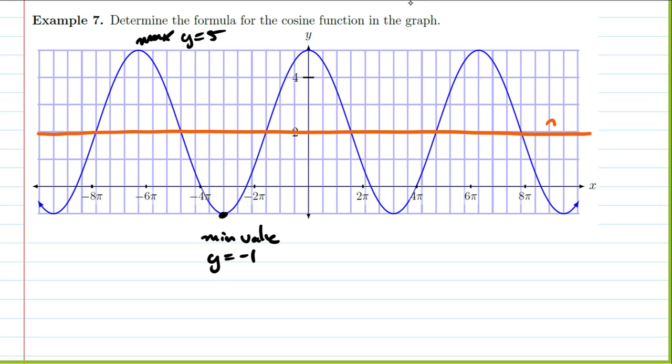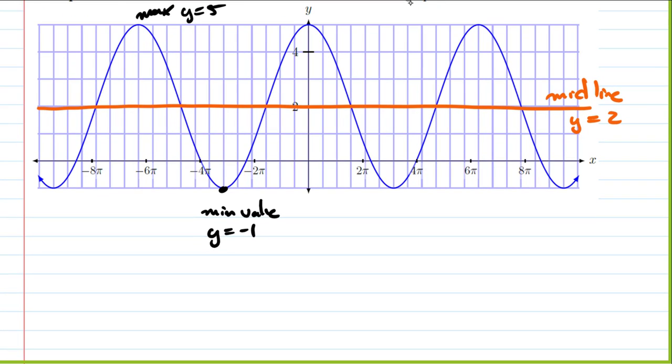So this is going to be our midline, y equals 2. Well, the midline also corresponds to our vertical shift. So our vertical shift is 2, so that tells us that d is equal to 2.